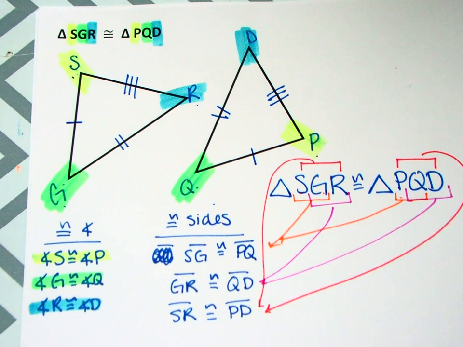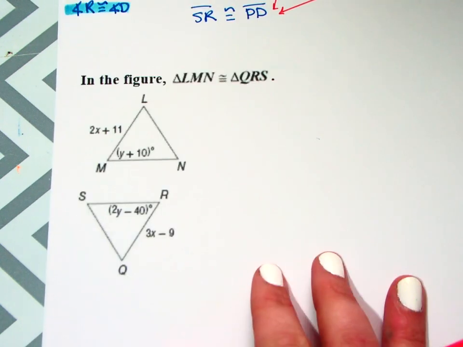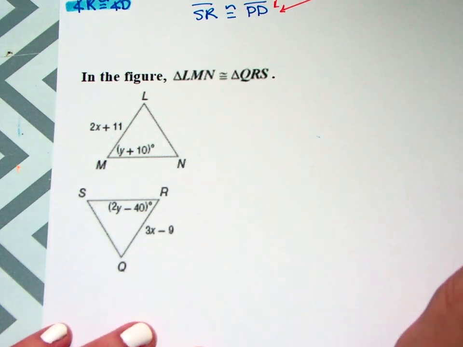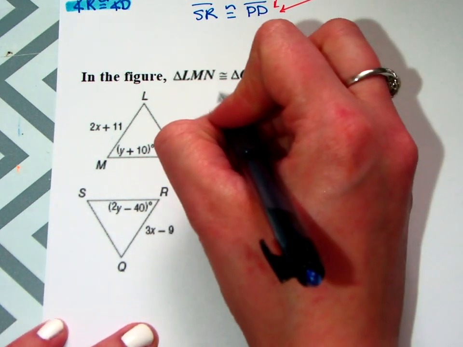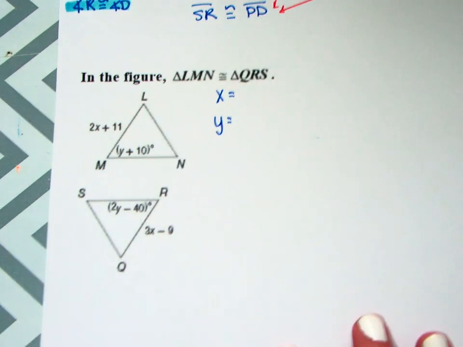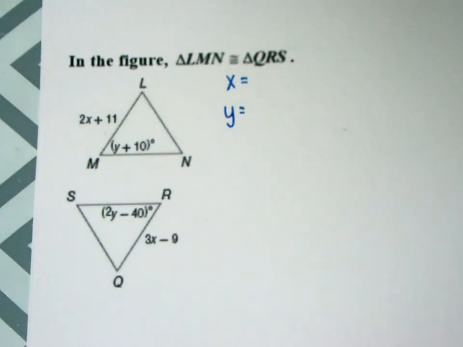So this is used to actually solve algebraic questions. In the figure, we've got triangle LMN congruent to QRS. And I went ahead and, of course, I chopped off the instructions. So our goal here is to solve for x, and we want to solve for y. Before I start, I know that you all are great mathematicians, and you're so good at just thinking that you know everything, which is awesome at times, but when you have these kinds of problems, it is so easy to make a mistake and get the wrong answer, especially on the state test.